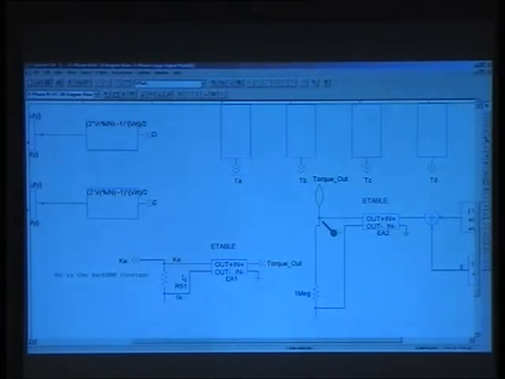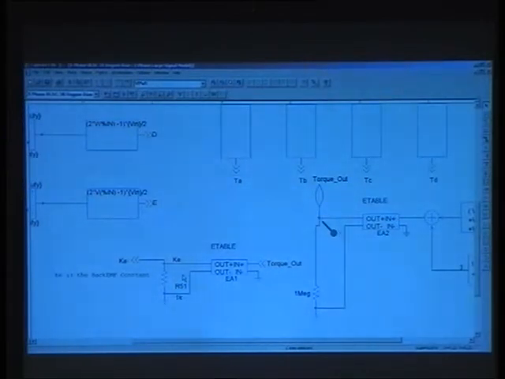KT is the torque constant. So what is your output power? N into T. Okay, N into T, which is torque times speed.